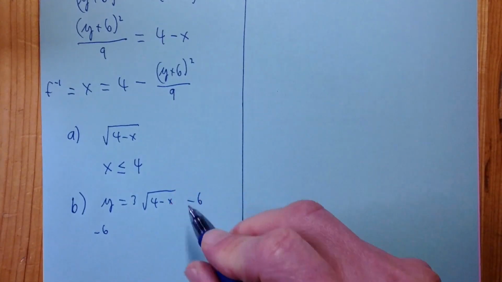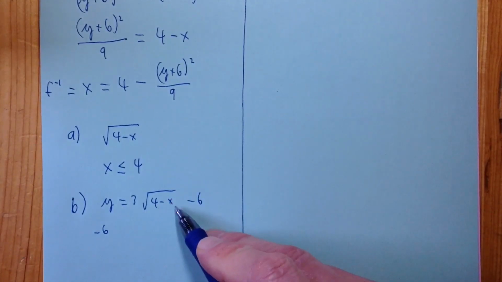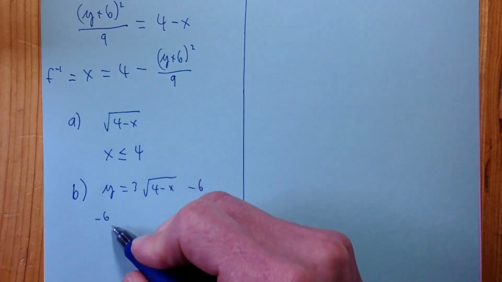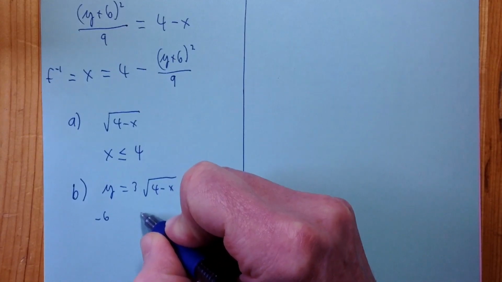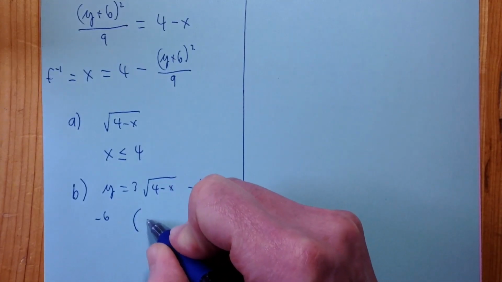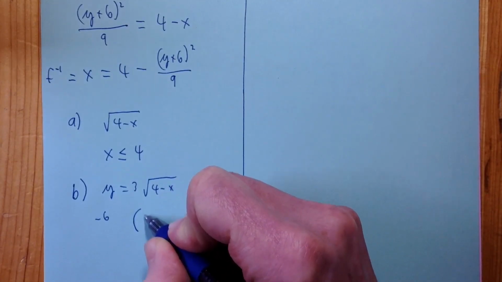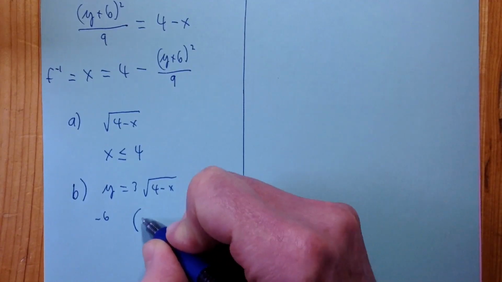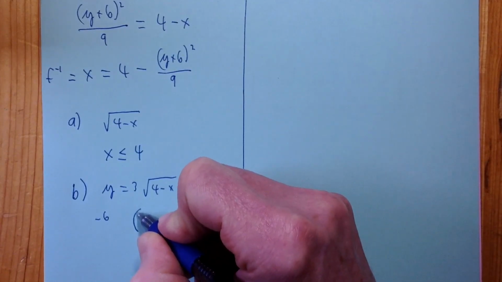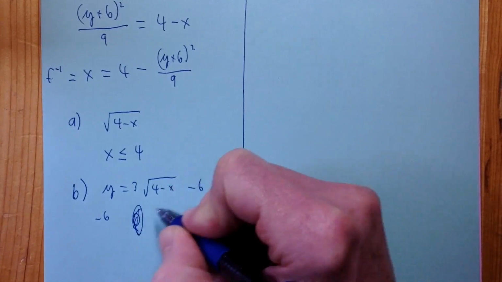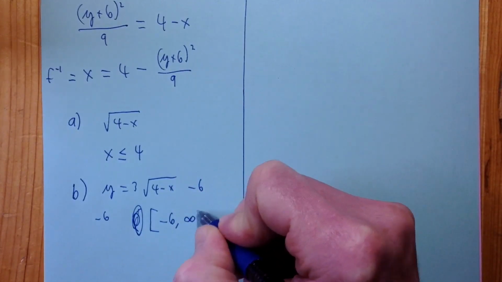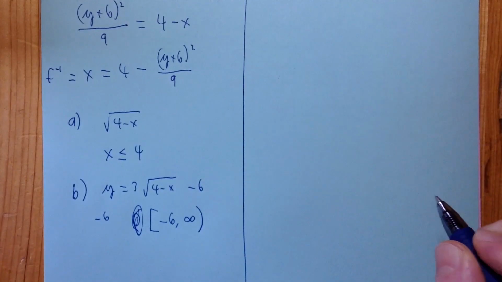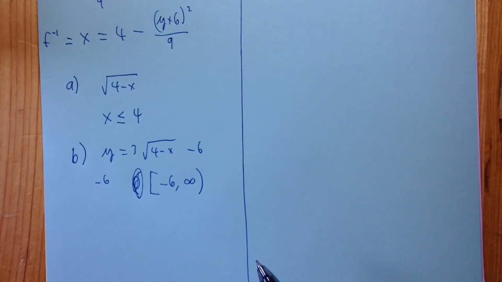So the range goes from negative 6 to infinity. It's usually smallest one first. We can include negative 6, and we can't include infinity, so you put that kind of parentheses.